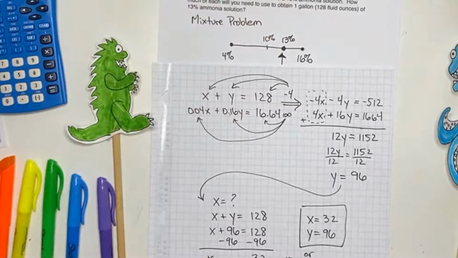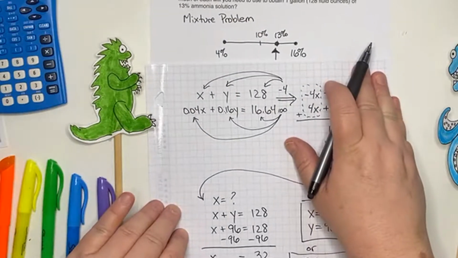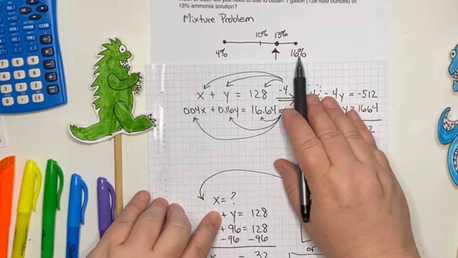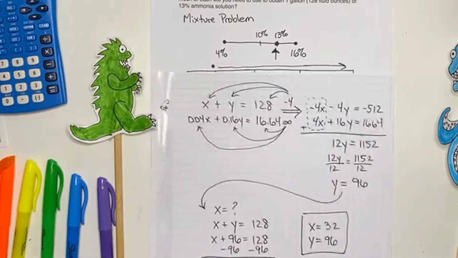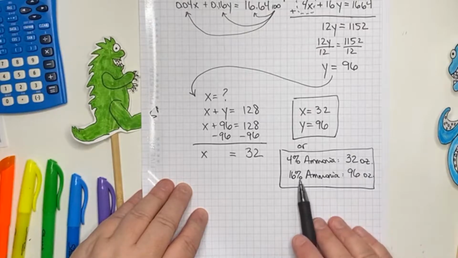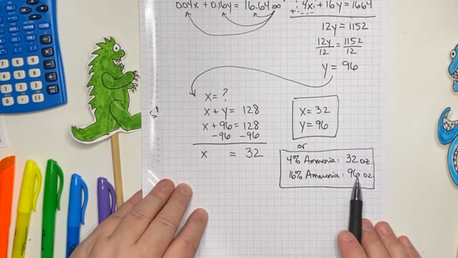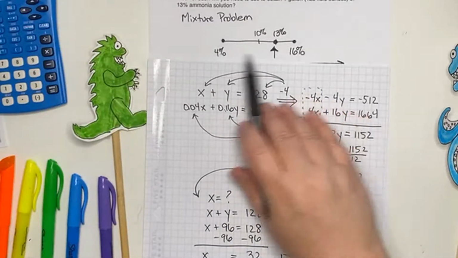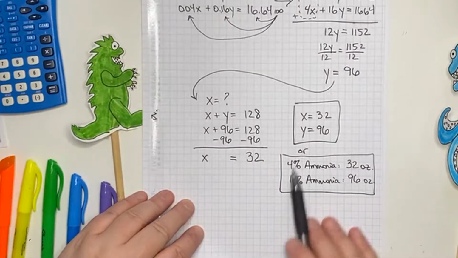Remember when we set this up, I said, okay, 13% is way closer to 16. So we need more 16, a lot less 4. So let's look here. 4%, 32, 16%, 3 times as much. So at least for what we estimated, it makes sense.